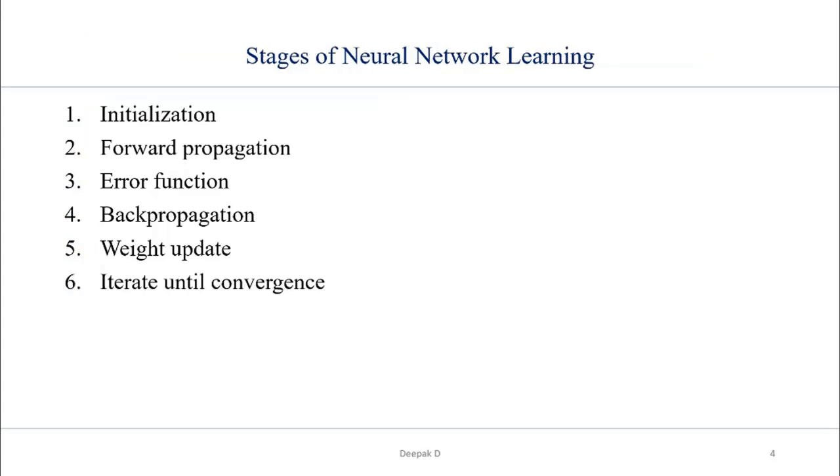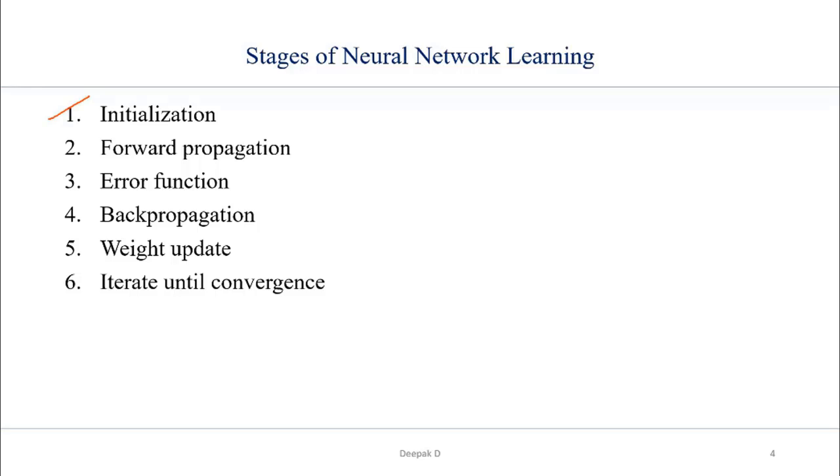We have different stages of neural network learning. These are the steps which are generalized for neural network learning. Neural network learning model training occurs in 6 stages. The first stage is initialization.